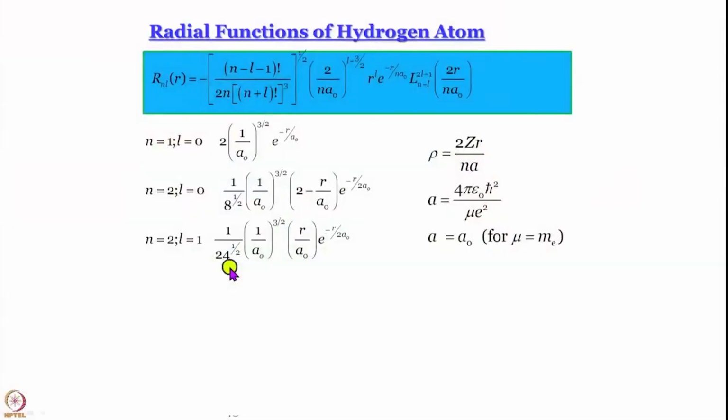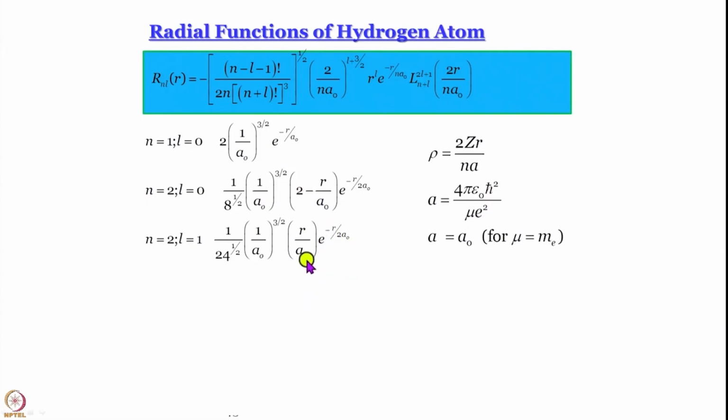For now let me show you n equal to 2, l equal to 1. Here there is a theta phi part. In fact, phi parts will be for m equal to 1, 0, minus 1. But if you look at only the radial part, then what we have is once again some constant multiplied by r by 2a0 multiplied by e to the power minus r by 2a0.